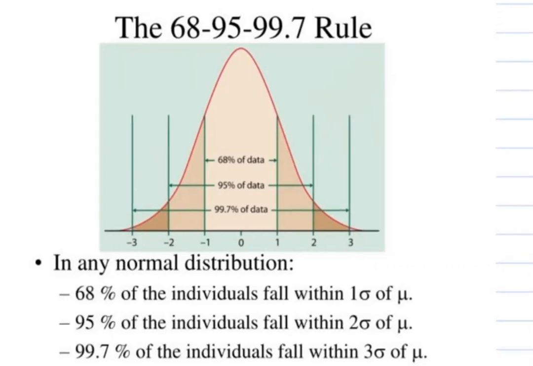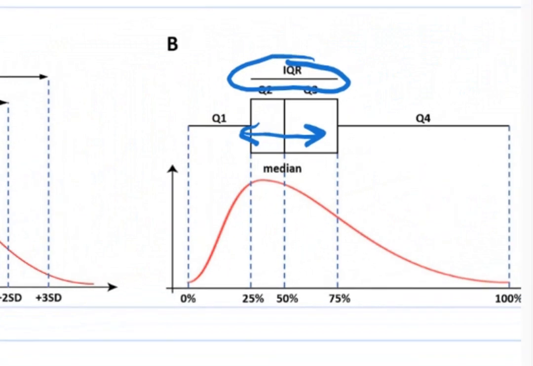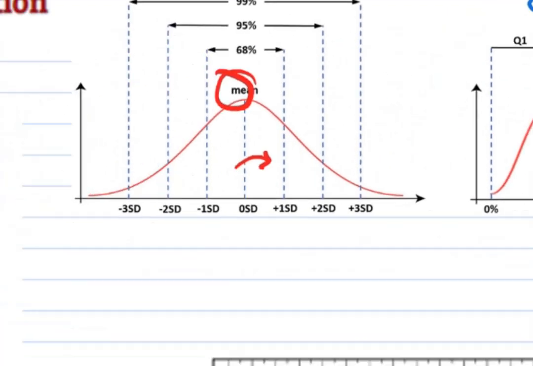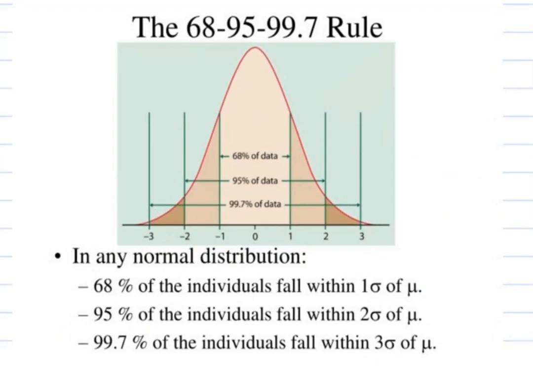Well, that's pretty good. I mean, you've got the majority. Over here in IQR, you only have half the people, 50%. Here, we've got 68% of the people or the data points in the first standard deviation. So what they're going to say is, and I'm going to show you this, not here, next page.